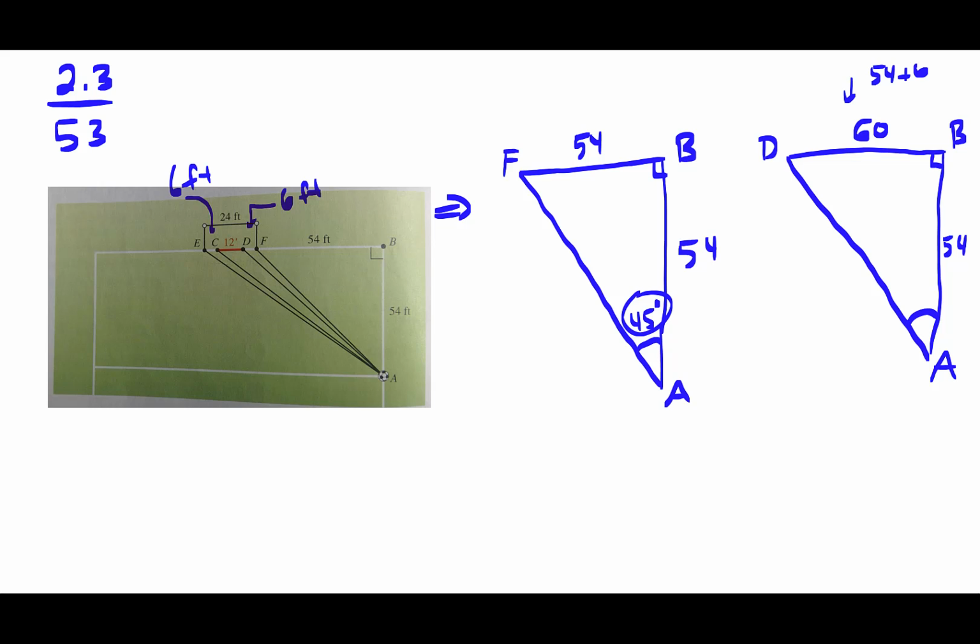So now I'm trying to figure out this right here. It looks like opposite over adjacent, so that's going to be tangent. Tangent of A is equal to opposite over adjacent.